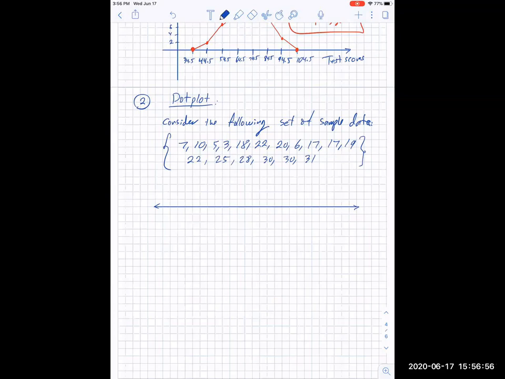So we're gonna start, the lowest one is 3. Six.